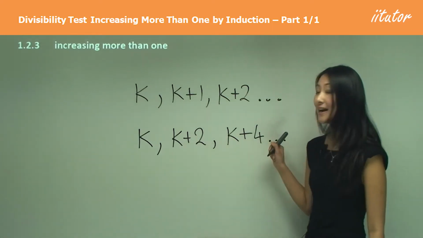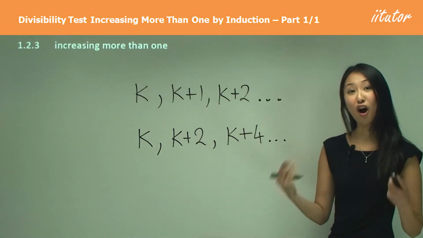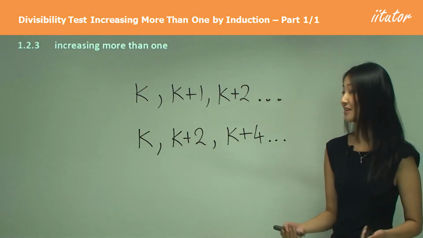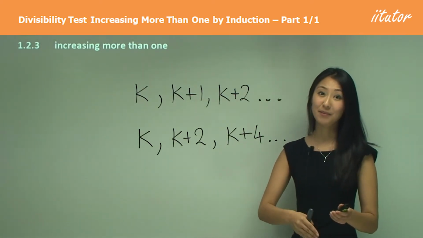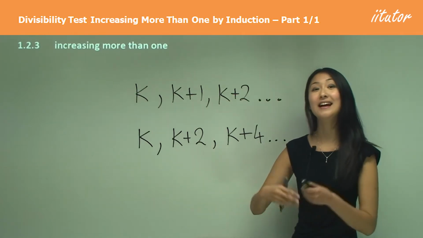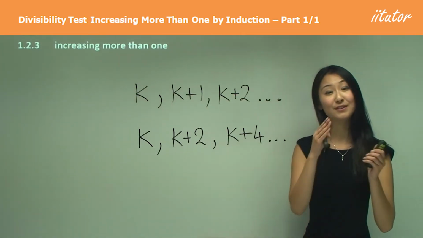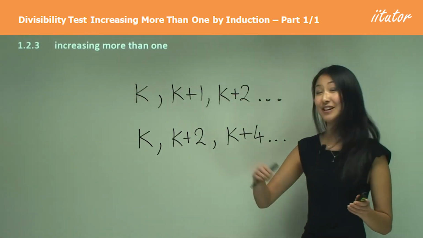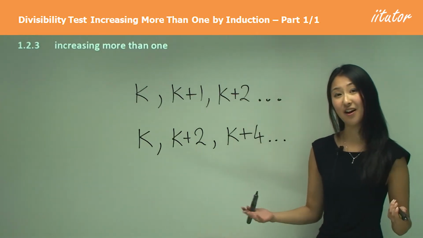So this works for both even and odd numbers as well, because if we start off with an even number and add 2 each time, that guarantees it's even. Whereas if we start off with an odd number and add 2 each time, we guarantee it's odd.